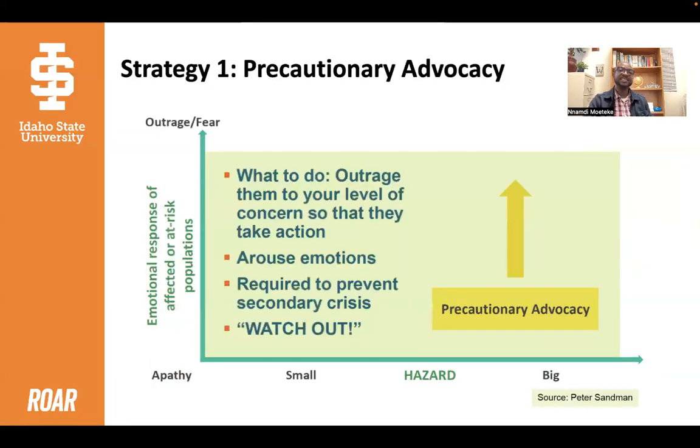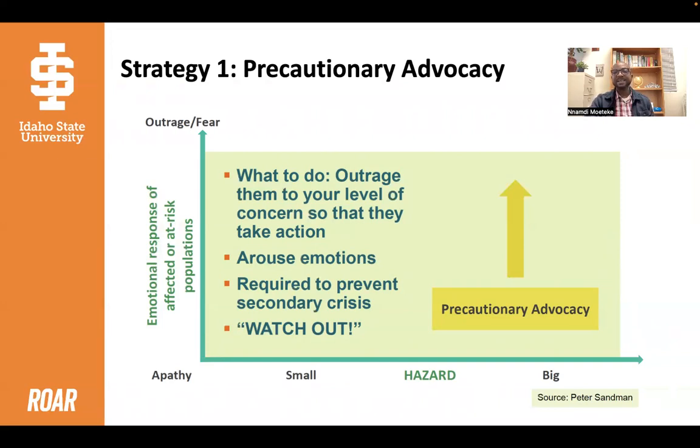The first strategy is that of precautionary advocacy. Here, there is indeed a large threat, a large hazard, but the perception of the population is such that there is less concern and laxity, so to speak, and apathy.